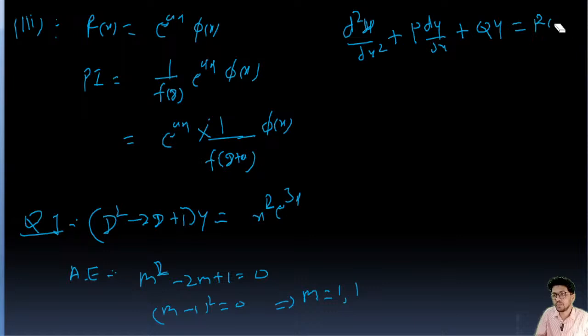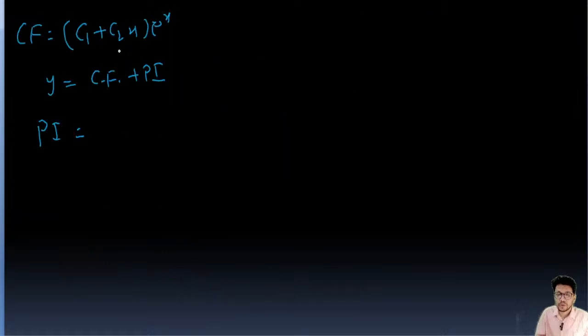If R is of the form e to the power ax times phi(x), any function of x, then we find the particular integral in this way.